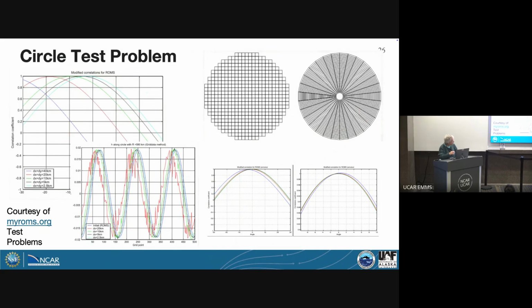So the difference between the 2 curves is the one on the right has finer resolution around the circle so that the cells at the edge of the domain are square rather than these big rectangles.